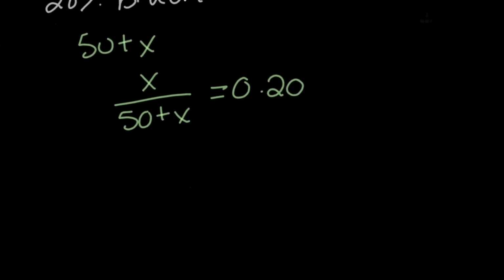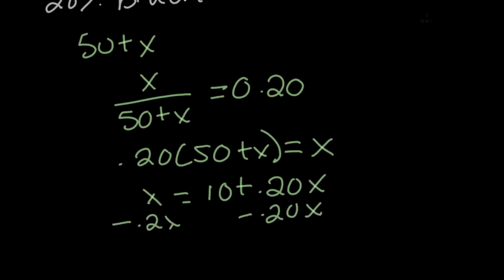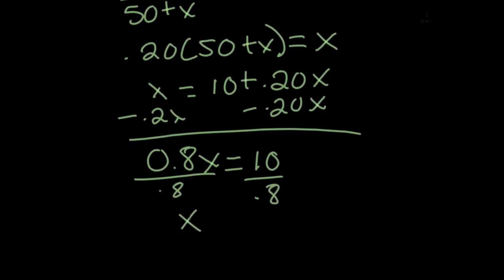Then we simplify. So we have 0.20 times (50 plus X) is equal to X. And this simplifies to X equals 10 plus 0.20X, then subtract 0.20X from both sides, which will leave me with 0.8X equals 10, and then divide both sides by 0.8, leaving us with X equals 12.5.